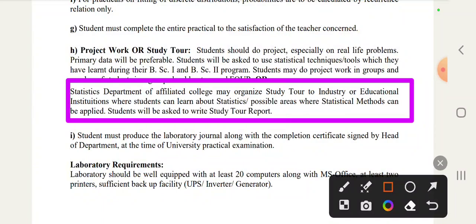You can organize a study tour to industry or educational institutions, where students can learn about the possible areas where statistical methods can be used. Students will be asked to write a study tour report. You have to submit your study tour report at the time of practical examination. And project work or study tour is of 10 marks.